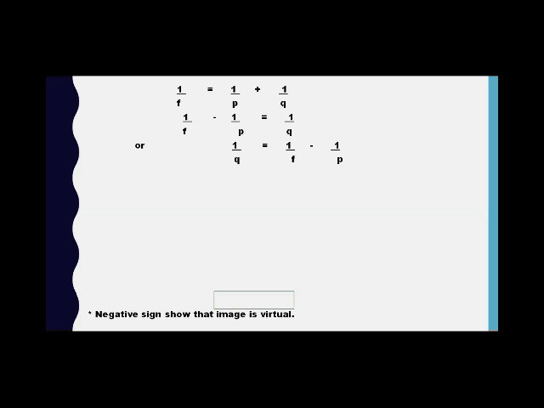Here 1 over p is positive, after shifting it will become negative. So we can write 1 over f minus 1 over p is equal to 1 over q. So it can also be written as 1 over q is equal to 1 over f minus 1 over p.